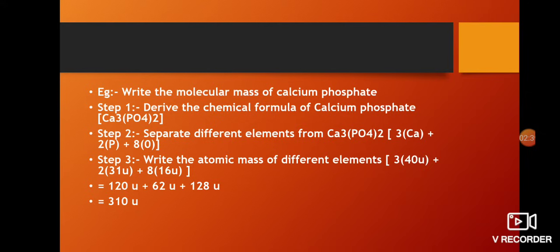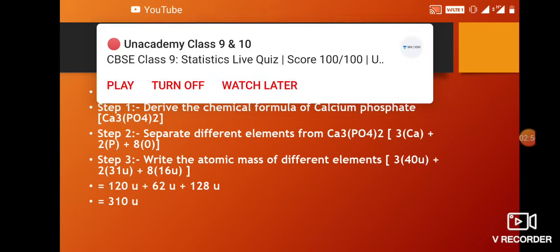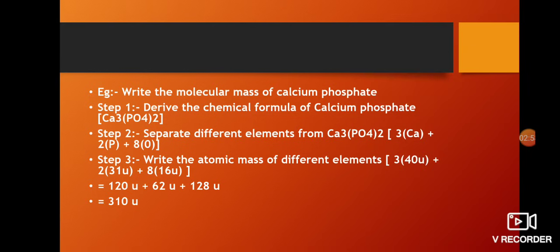Whenever there is a number below the symbol in a group like an anion, then we have to give the bracket and then write their valency. So the formula of calcium phosphate is Ca3(PO4)2.